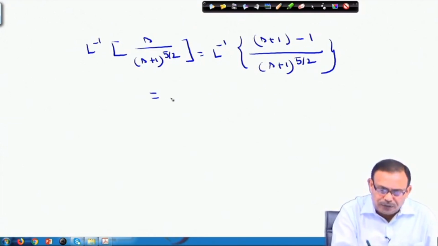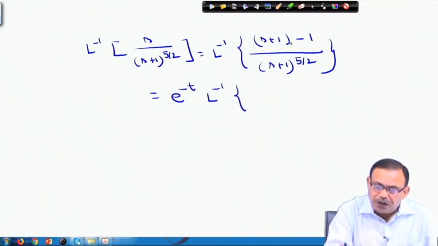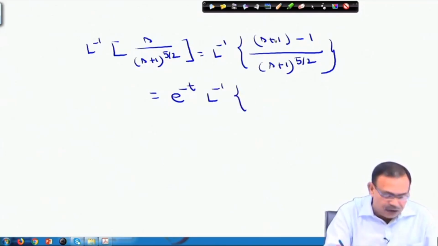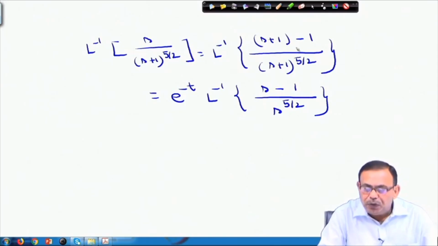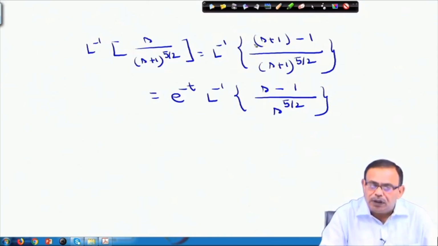If I write this directly, what can I write? e to the power minus t, because a is minus 1, Laplace inverse of this s plus 1, I can write simply s, and this will be s to the power 5 by 2. Or in other words, using the property itself, this s plus 1 I am replacing by s, and since a is minus 1 here, e to the power minus t will come.